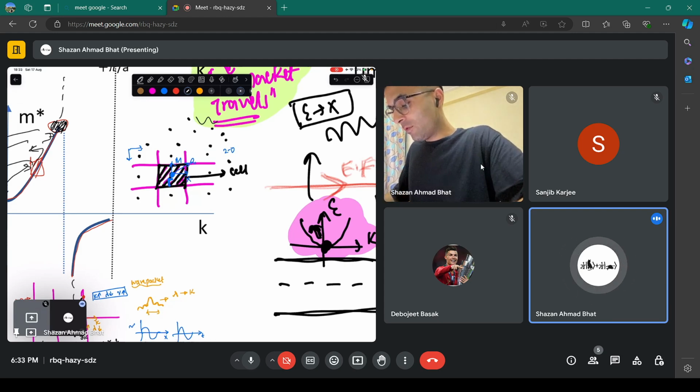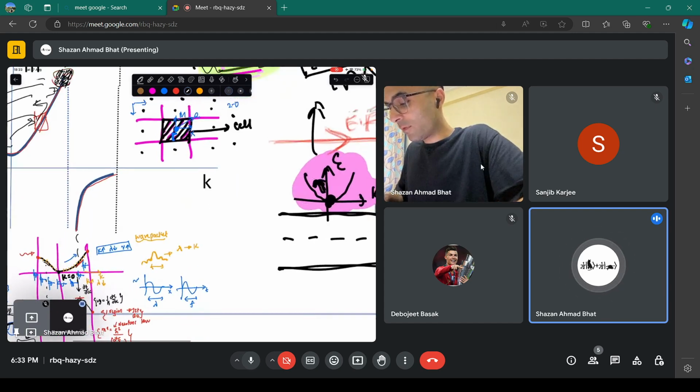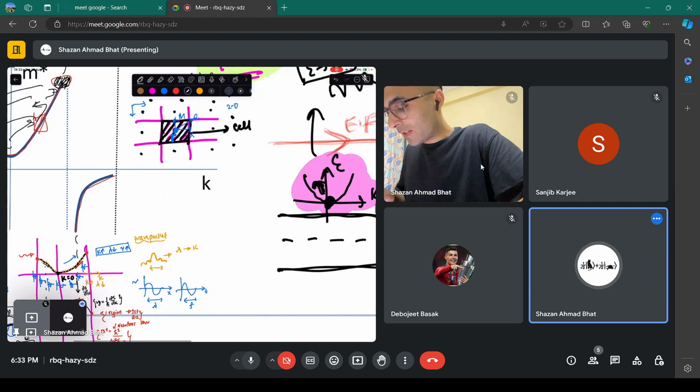Okay, so what is happening is that we want to simplify whatever is happening in a crystal. That's why we are restricting our maths and our theoretical explanation to this particular cell. And we are using the fact that because of the periodicity of these atoms, whatever might be happening with the electron in this cell might be happening here, and might be happening here. It's a very crude approximation, but that is what happens.